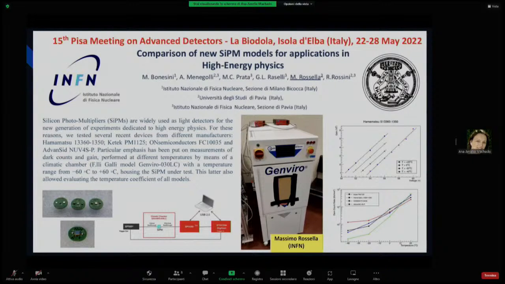They characterized the photomultipliers produced by Hamamatsu, two different types, KETEK, onsemi semiconductors, and Advansid, specifically the NUV SiPM. They were able to do measurements between minus 16 and plus 16 degrees Celsius, and in addition, they performed measurements done at liquid nitrogen temperature.